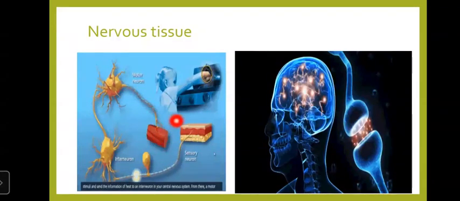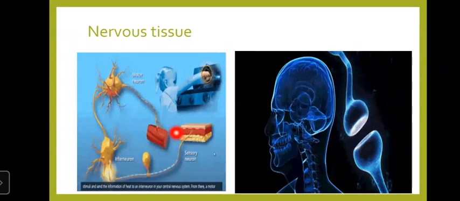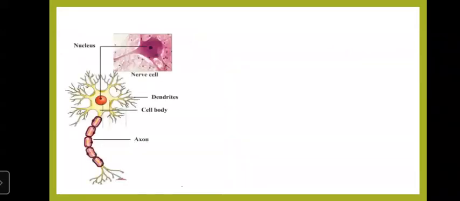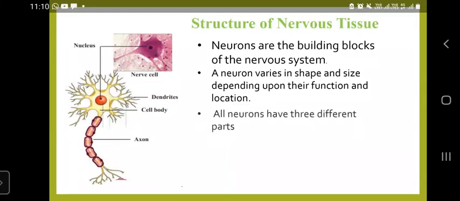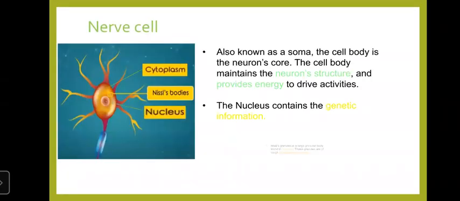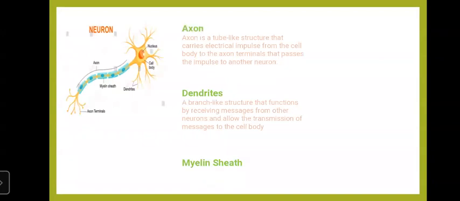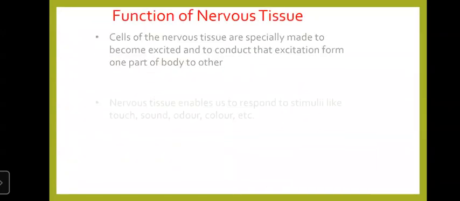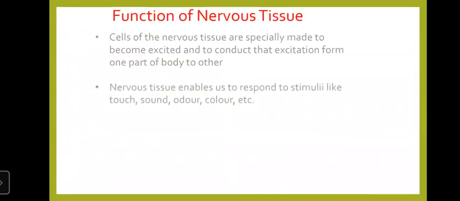And then a response is given by our body part. So the neurons are specially made to get excited and conduct that excitation from one part to the other part.